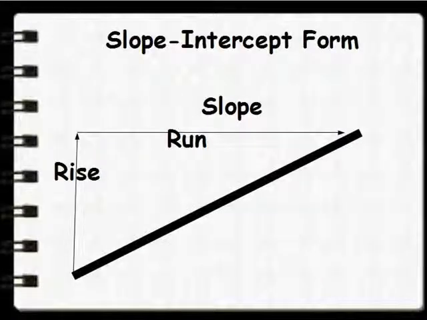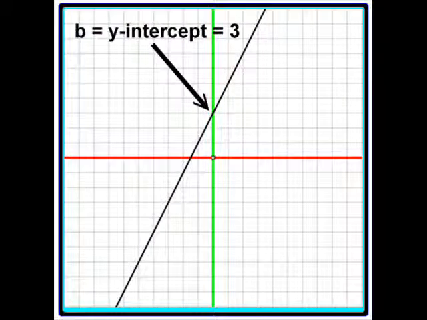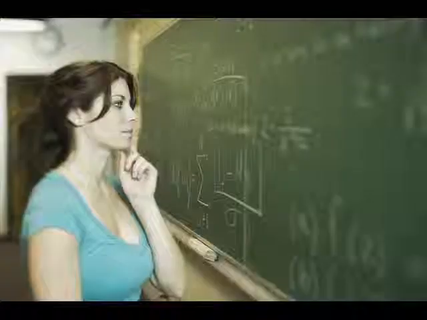So taking a look at it in this form, we can see that the slope is going to be the rise of 1, the run of 2. So for every 1 up the line goes, it runs 2 to the right, being that they are both positive. We also know that the line is going to cross at the intercept of 3, meaning here on the y-axis at the value of 3, the line is going to cross.